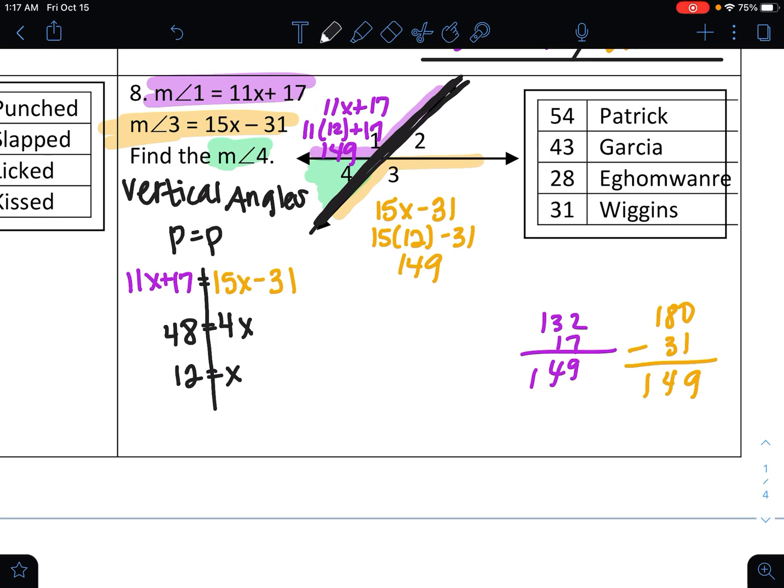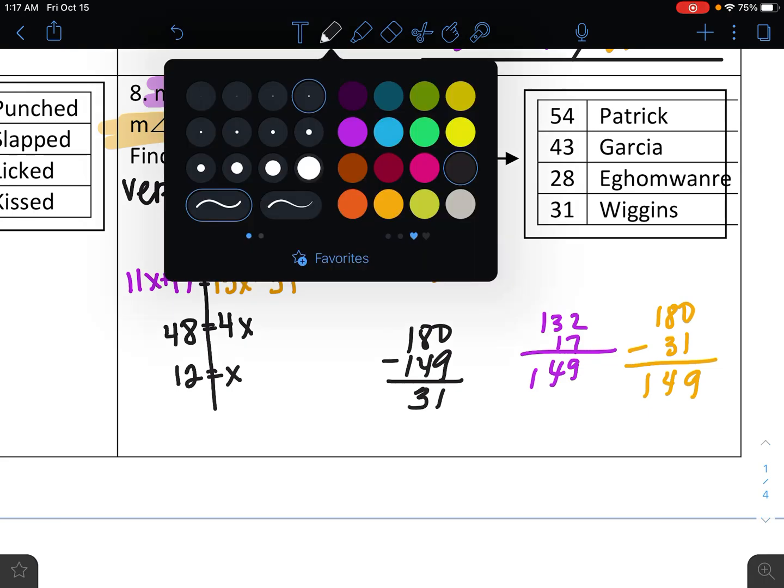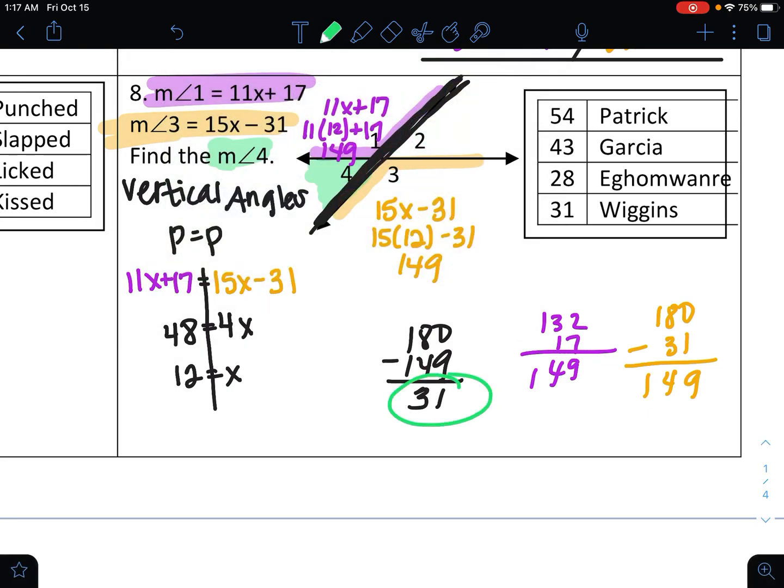So since this is 149 right here, then we just have to do 180 minus 149. And then that'll give us angle 4. So angle 4 is 31 degrees.